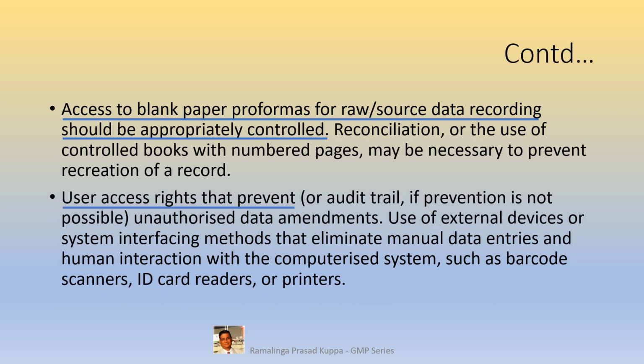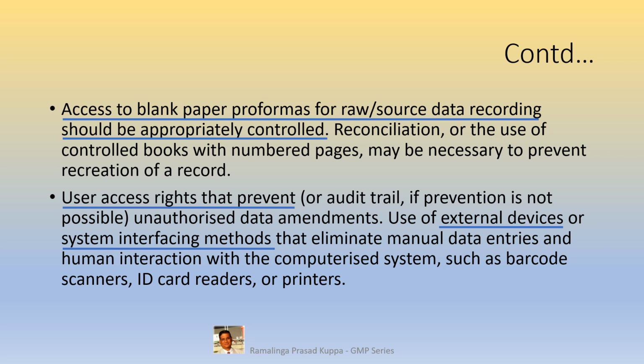User access rights that prevent, or audit trail, if prevention is not possible, unauthorized data amendments. Use of external devices or system interfacing methods that eliminate manual data entries and human interaction with the computerized system, such as barcode scanners, ID card readers, or printers. There are 2 points to note here.